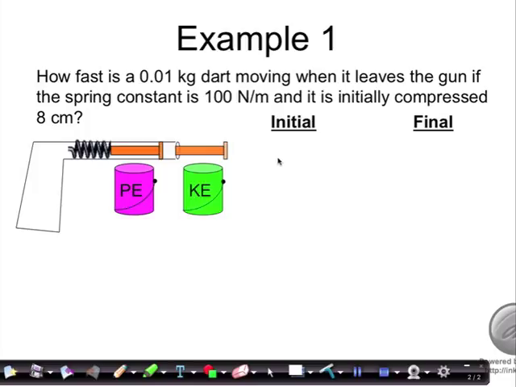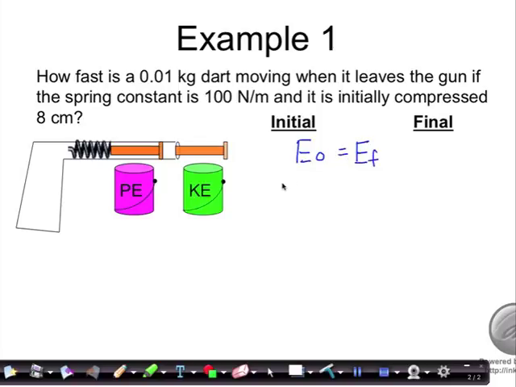How fast is a 0.01 kilogram dart moving when it leaves the gun if the spring constant is 100 Newtons per meter and it is initially compressed 8 centimeters? Well, we always want to start with energy initial equals energy final.